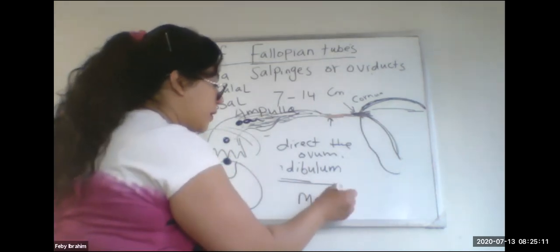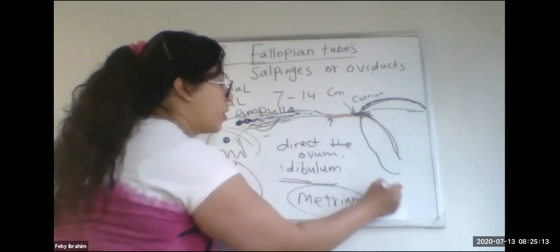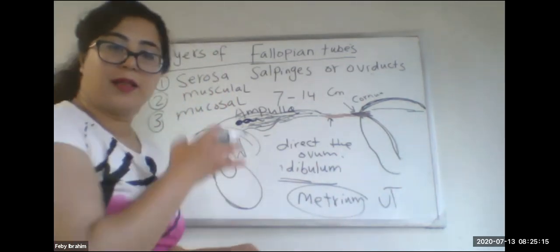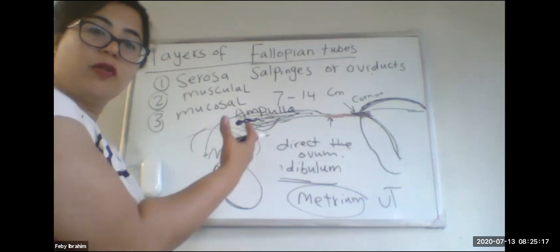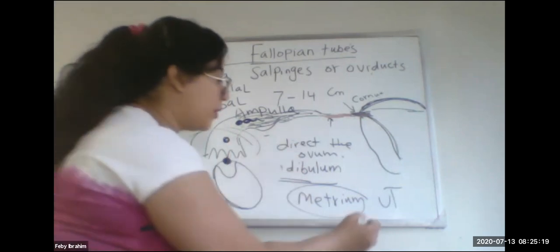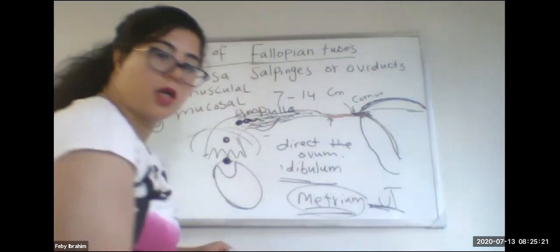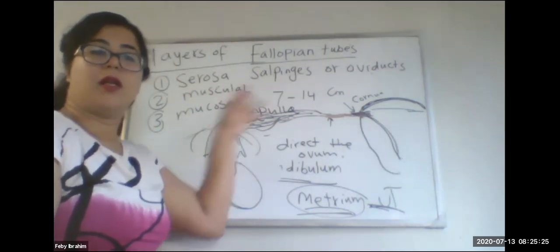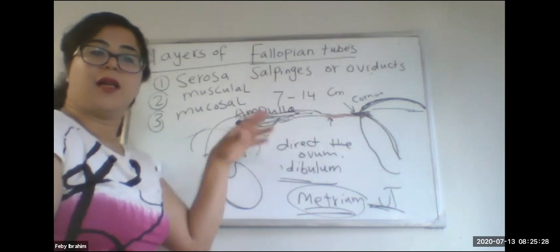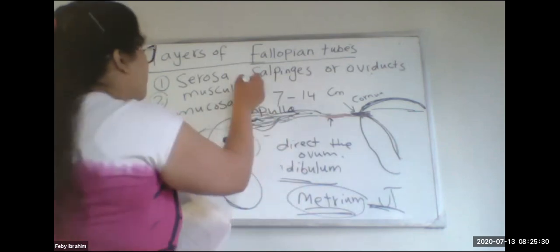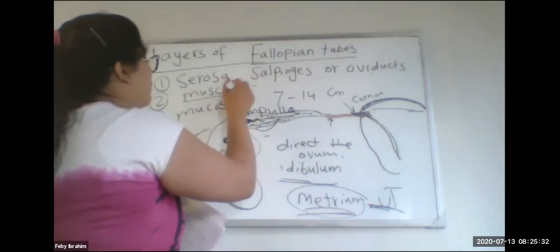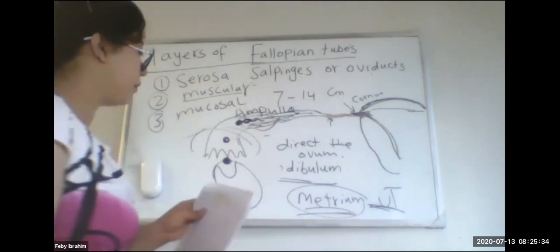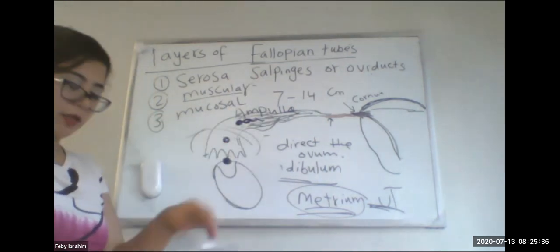Metrium represents the uterus, so I can't say metrium for the layers of the fallopian tube. So I say serosal layer, muscular layer, and mucosal layer.